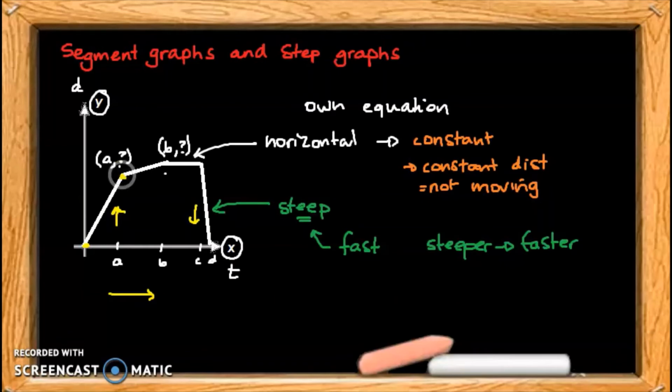Then at this point here, the point where we've got A as the x coordinate, it continues moving away, but it slows down significantly. At the point B, it stops. And then at the point C, it quickly returns back to base, which is point D. This is how we use a segment graph, and that's the way you might want to read it.